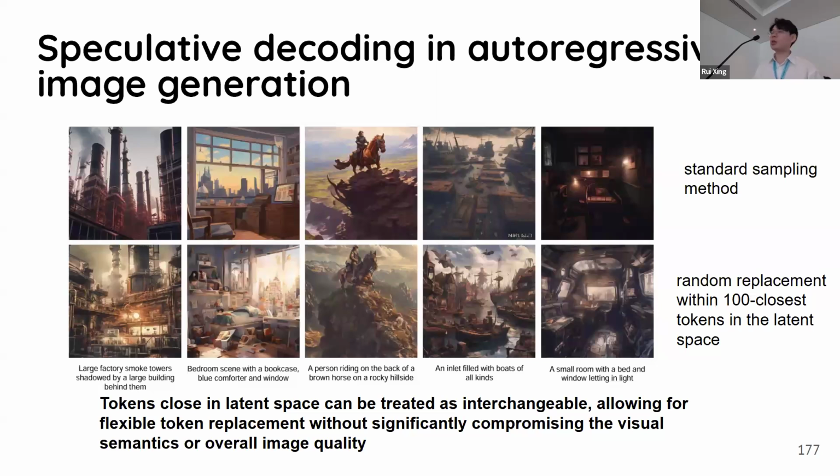So the conclusion from this simple experiment is that tokens that are close in the latent space can be treated as interchangeable. So it allows for flexible token replacement without significantly compromising the visual semantics.